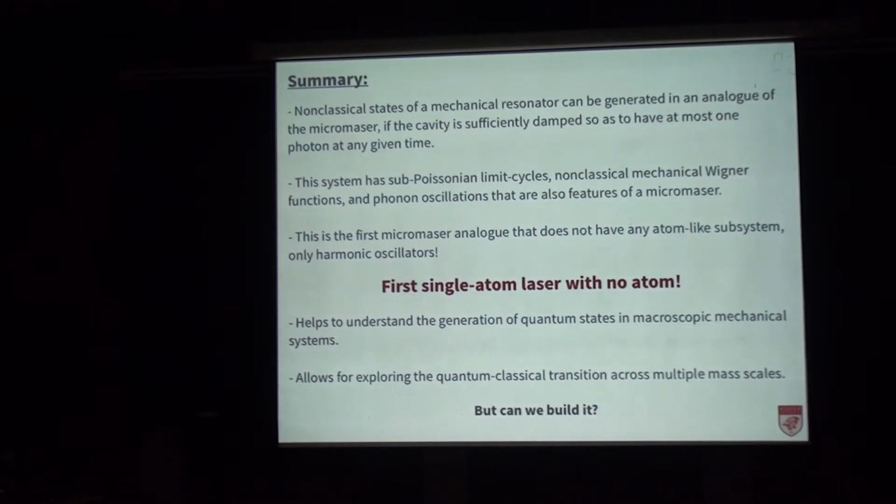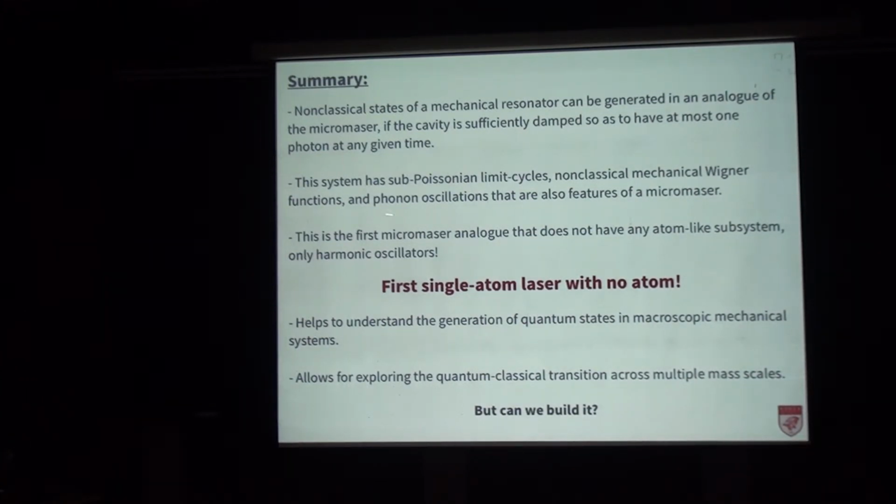Okay, so let's summarize what we've learned. You can actually generate non-classical states of a mechanical resonator in an analog of this micromaser, provided you sufficiently damp your optical cavity mode to have at most one photon at any given time. You get sub-Poissonian limit cycles. You get non-classical Wigner functions, which are negative.